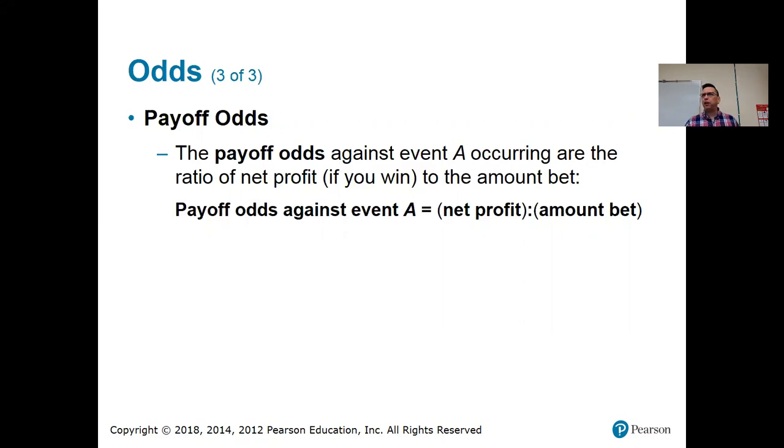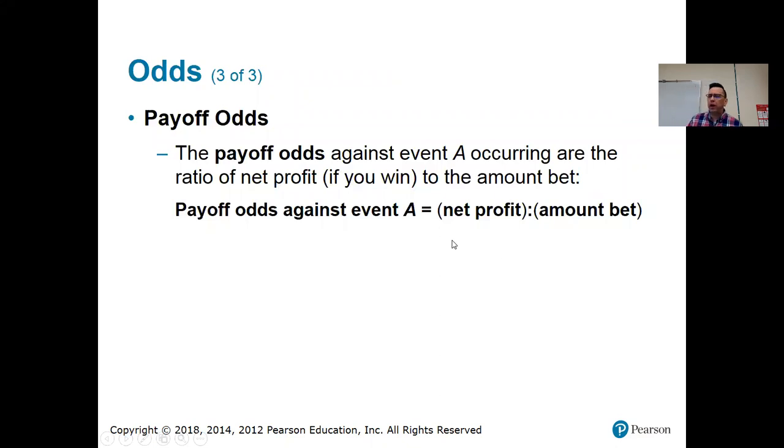So instead of using the actual probability that you win the game, they rig it a little bit in their favor so that, you know, if they play the game a million times, they're still going to come out ahead, right? I guess that seems fair. Okay. So the way you do payoff odds, and of course I have examples here, is the ratio of net profit to the amount bet. Okay.